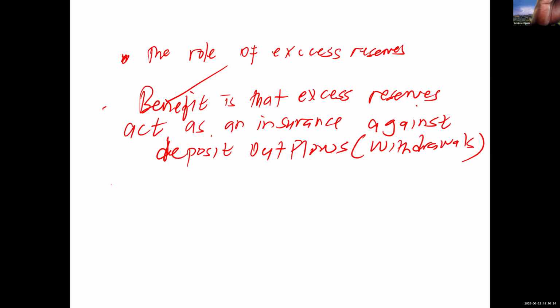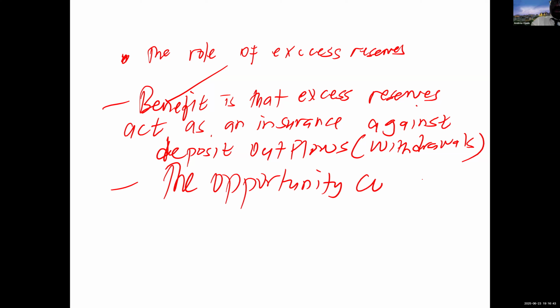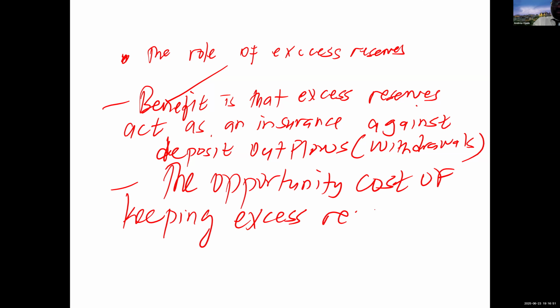That's a benefit, but the cost, the opportunity cost of keeping excess reserves is going to be the interest rate that the banks are going to forgo if they lend that money to other banks.